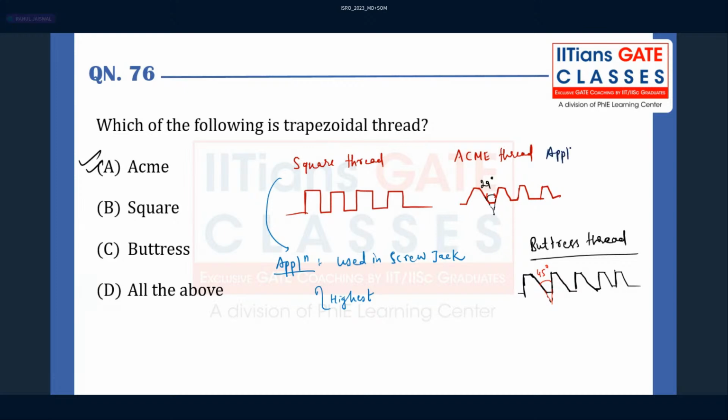Application, note down: the lead screw of a lathe machine. The buttress threads are used in power press machines.